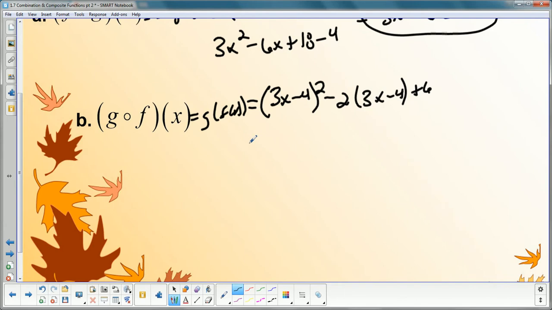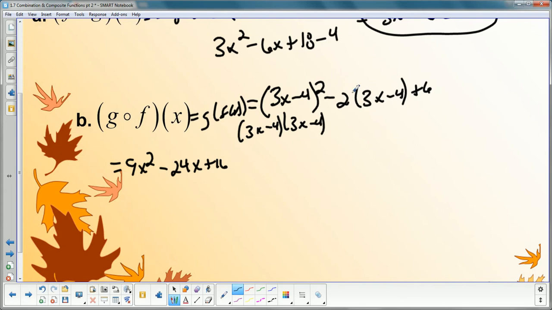And now we can't be lazy here. We are going to need to FOIL. So there's a fair amount of work to do on this one. 3x minus 4 squared, remember, means 3x minus 4 times 3x minus 4. If we FOIL that, we're going to get 9x squared minus 24x plus 16.